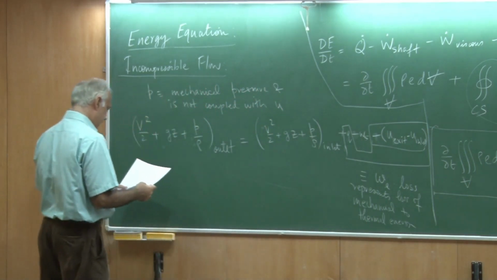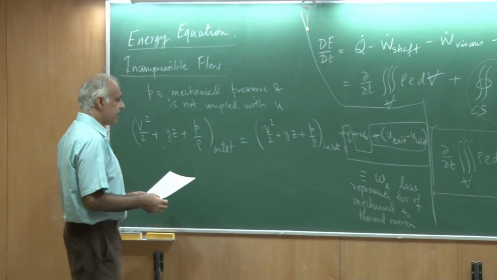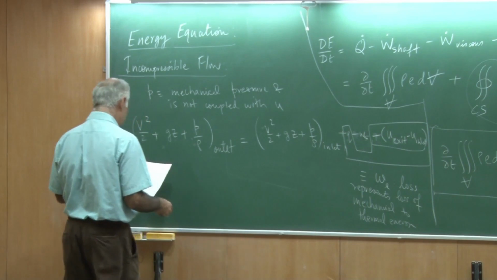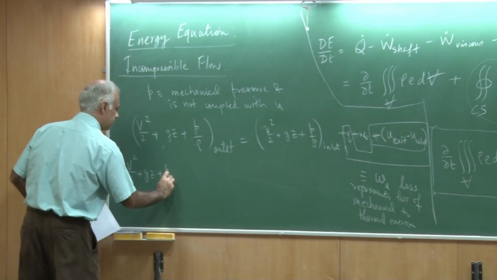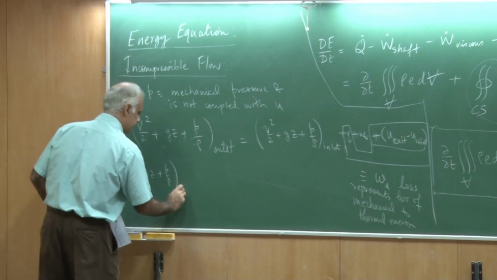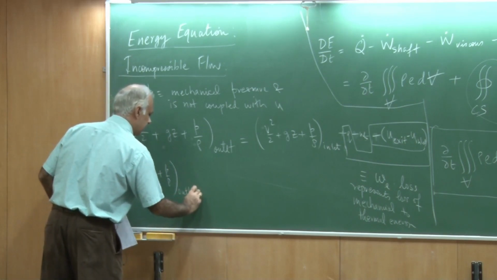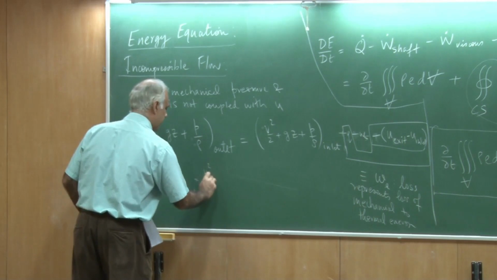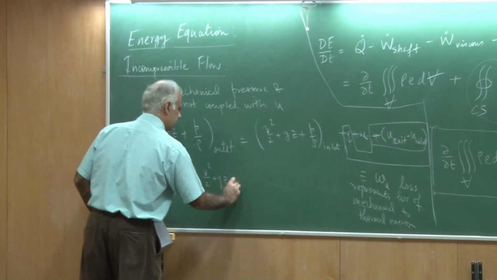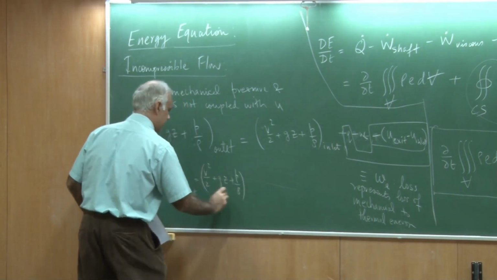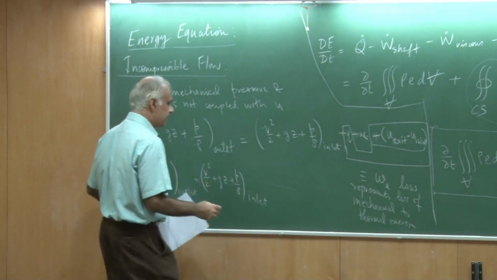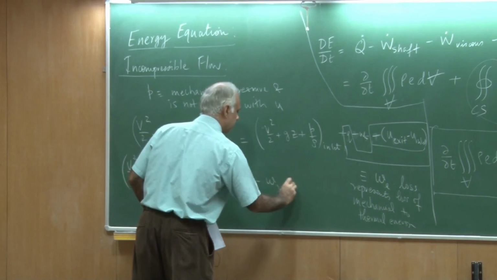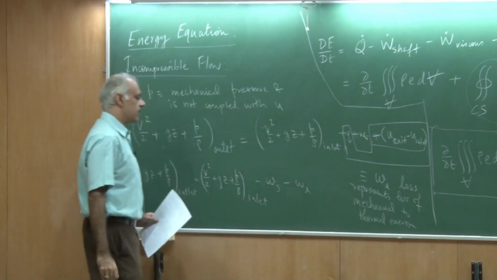And therefore, I should be able to write my equation like this. So, I have V square by 2 plus Gz plus P by rho at the outlet, equals V square by 2 plus Gz plus P by rho at the inlet, and then the combined terms are minus Ws minus Wl.